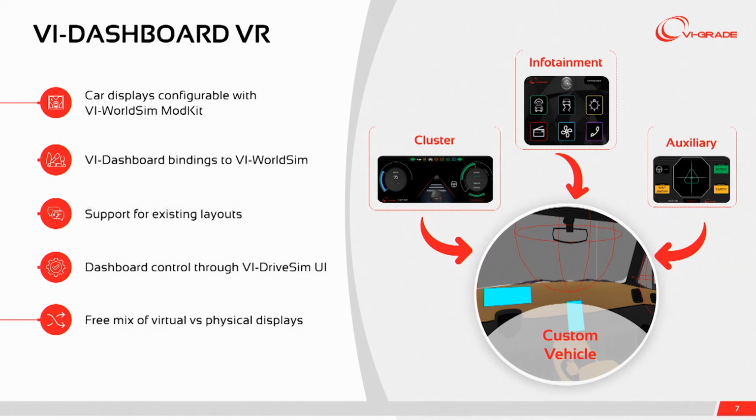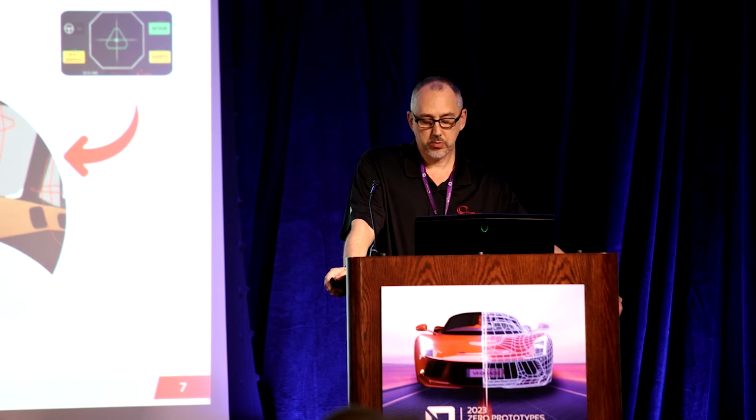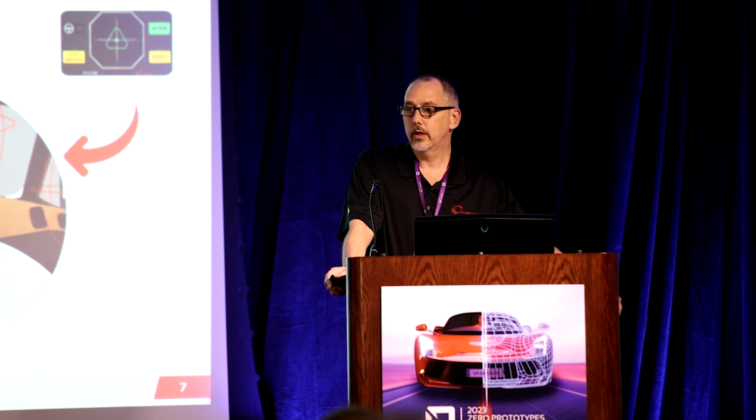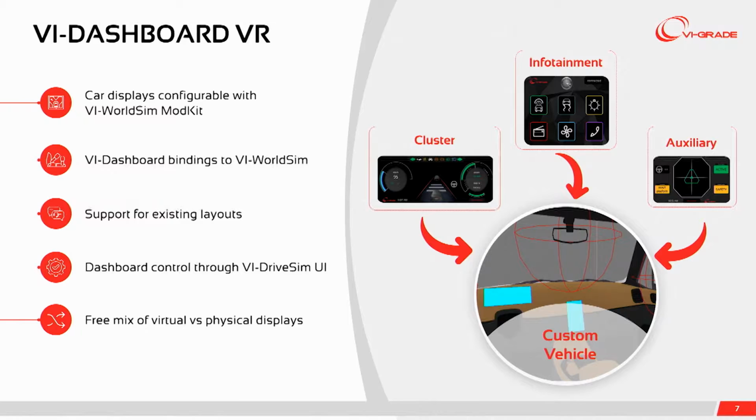So those two are both now done in a seamless way, and you can do either or both. It supports all existing layouts that we have, and it's done through the DriveSim user interface. And there's a free mix of visual and physical displays that you can pull together, and you can mix those.